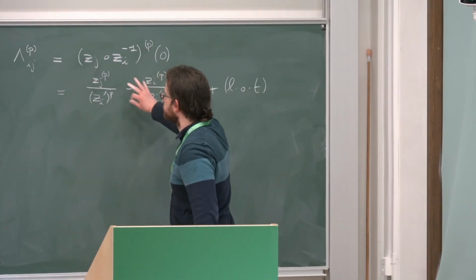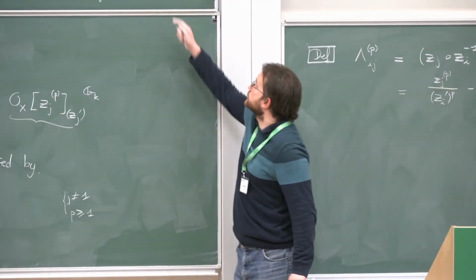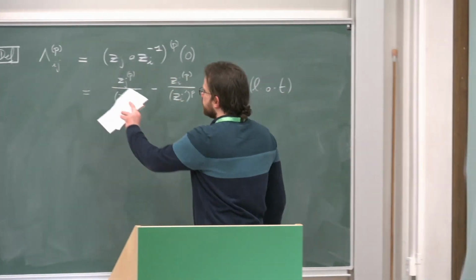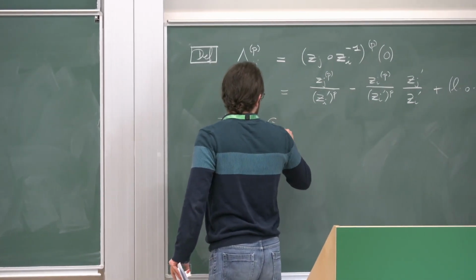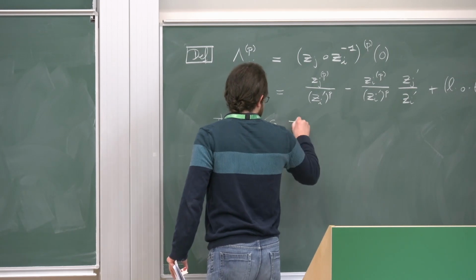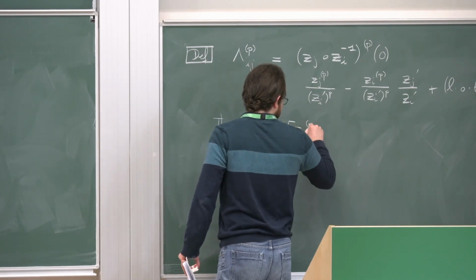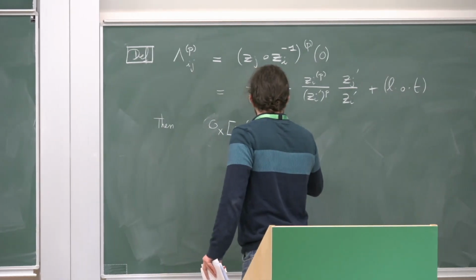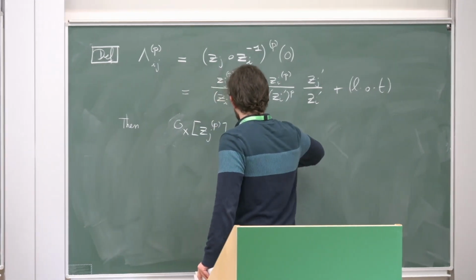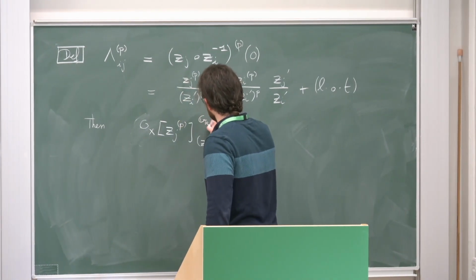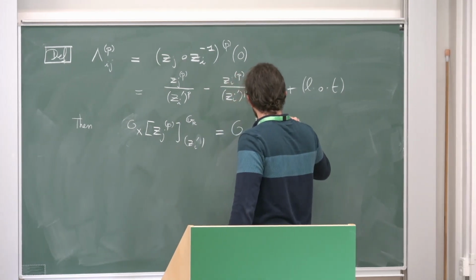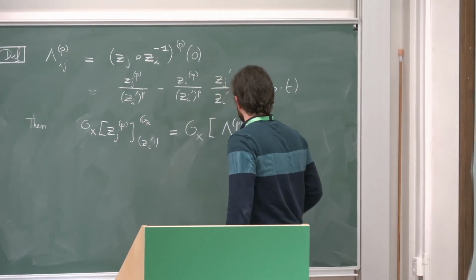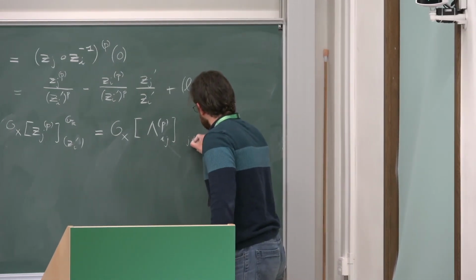So this is an expression which lies in this localized algebra, and they generate the ring of invariants after we have localized at z1 prime. So we have here the condition j different from i, and p larger than.